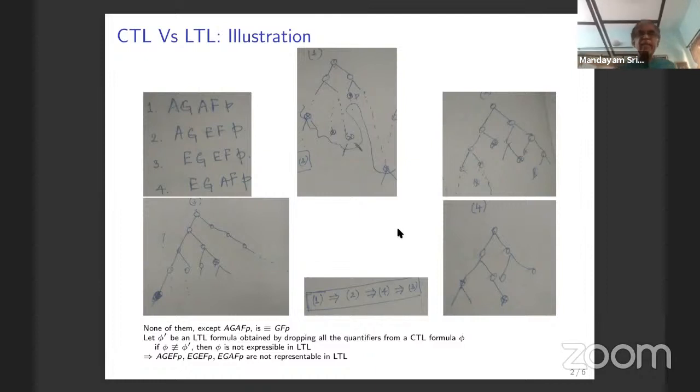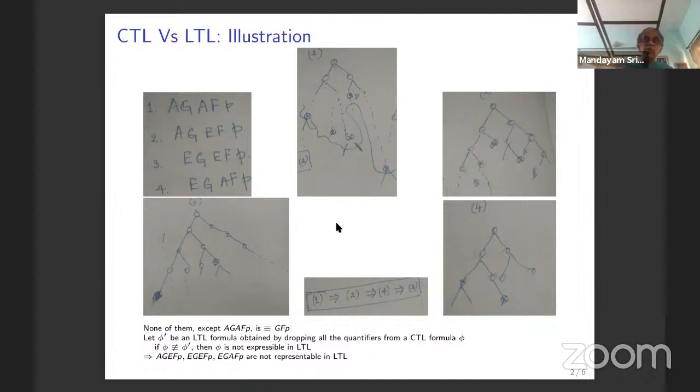So we will see these things a little more carefully in the next class, and also revisit the question that Ratnakar posed about expressing fairness, and why you won't be able to express all kinds of fairness constraints within CTL.